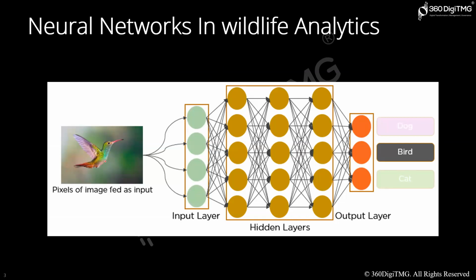So, with this training method, that is neural networks, the pixels of an image are fed as input into the neural network. This first layer is the input layer where the pixels of images are fed, and this input layer sends the information into the hidden layers.